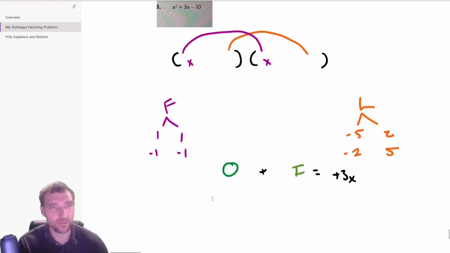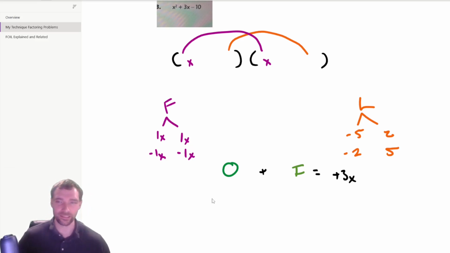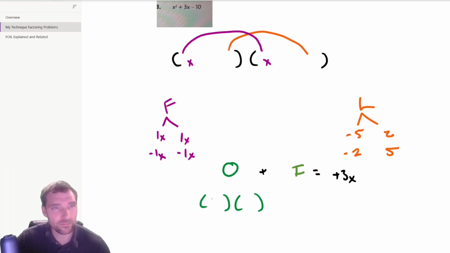And another way of considering this is that this is 1x, or negative 1x, negative 1x. That really keeps track of the x's more appropriately than just doing ones for the x squared. And that comes into play here with the outside and the inside, because we're going to end up combining things with x's in there to get a 3x.